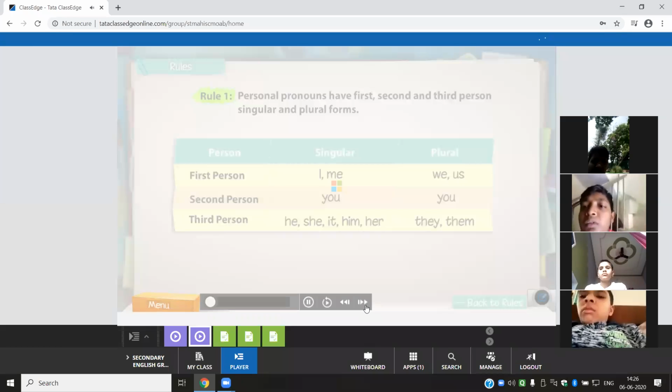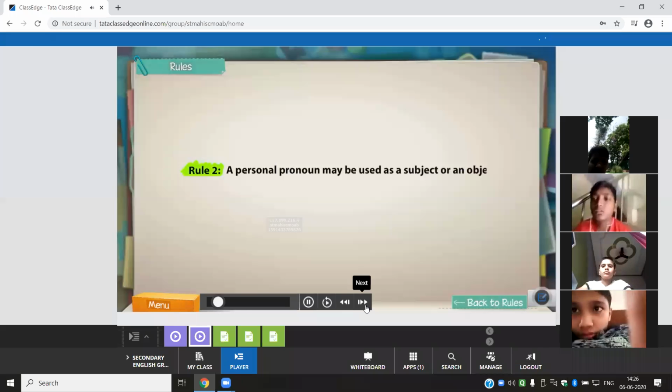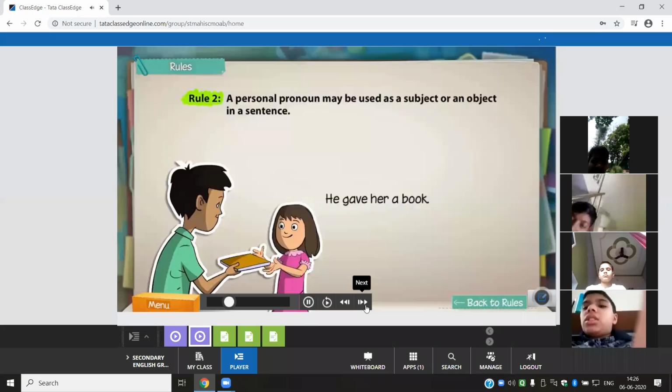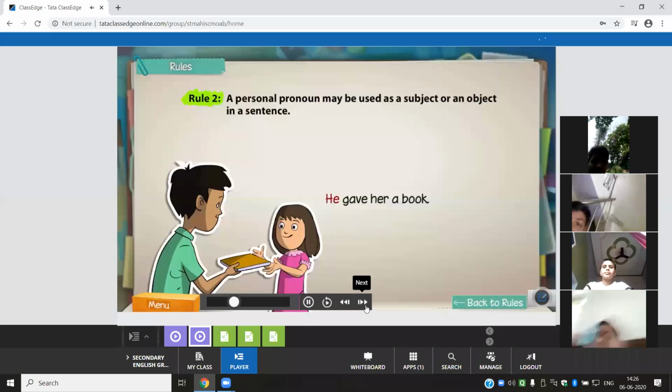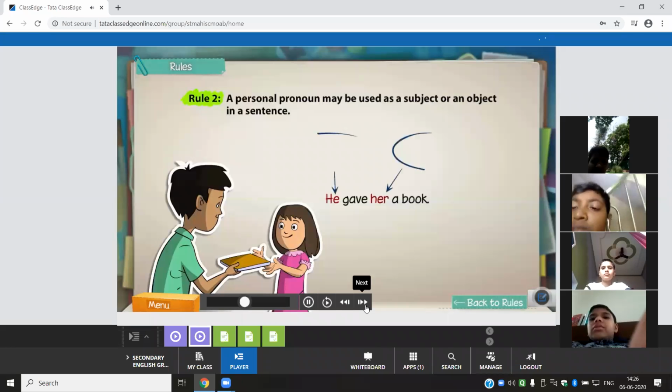You can use a personal pronoun as a subject or an object in a sentence. For instance, here, he is the subject and her is the object. But both are third-person singular personal pronouns.